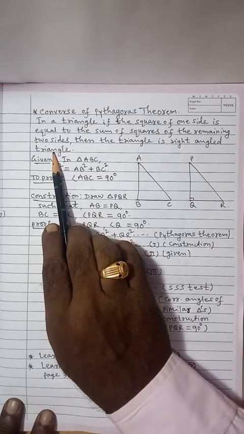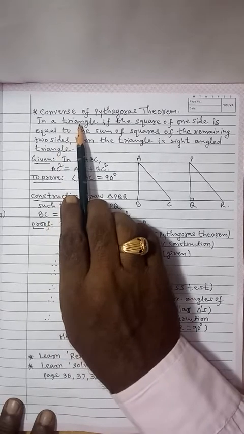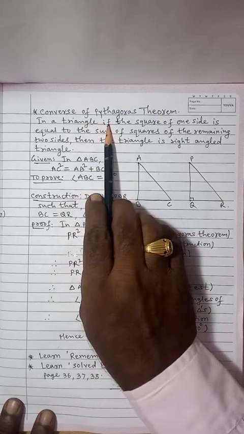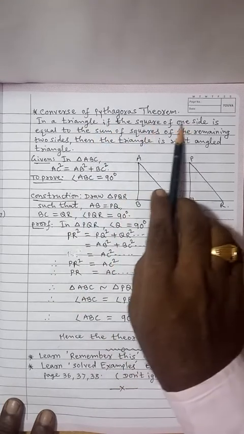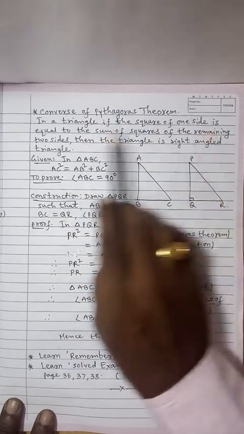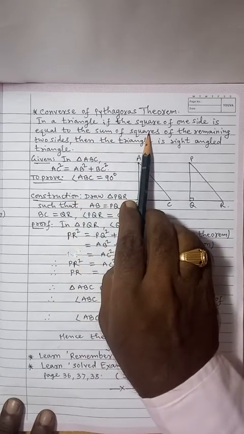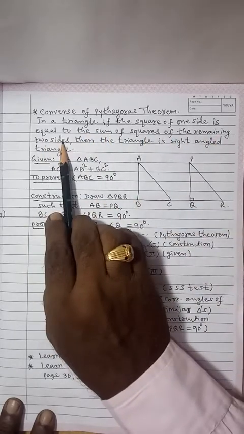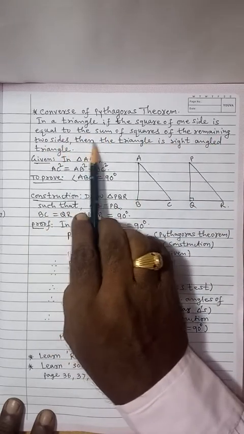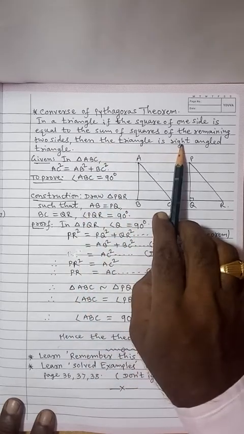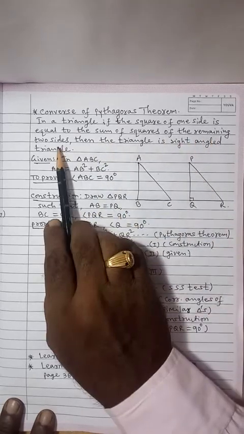Are you getting? I am reading it again. In a triangle, if the square of one side is equal to the sum of squares of the remaining two sides, then the triangle is a right angled triangle.